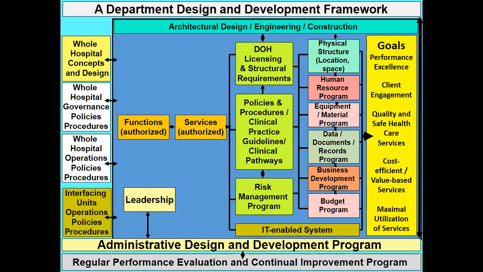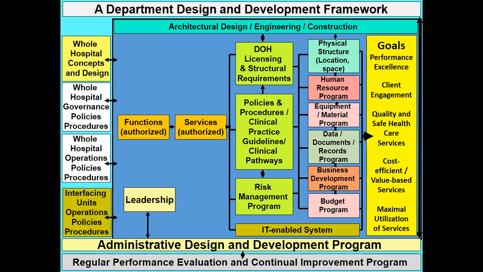That's why there are arrows that go back and forth through its boxes, in order to achieve performance excellence for the department. So on the extreme left of the slides, one sees the need for alignment and integration with the entire hospital, as well as other departments in the hospital, the interfacing units.